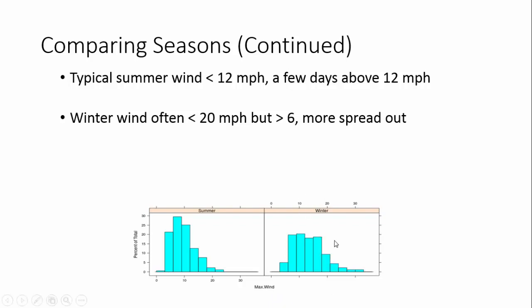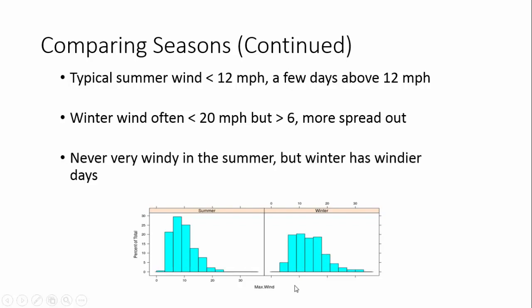So the typical winter wind is a little speedier, and it is also more spread out. If you think about the standard deviation and the interquartile range, I've got a lot of spread here between the slow winds and the fast winds, whereas in the summer it's pretty consistent. It's not quite as spread out. Just to conclude, it's not very windy in the summer, but winter does have some pretty windy days.